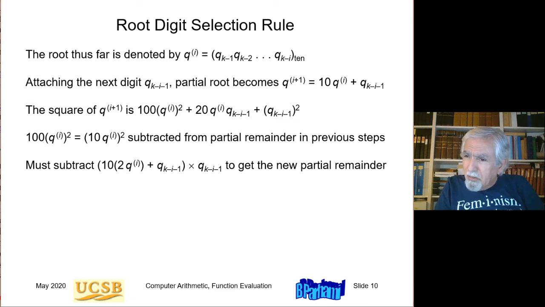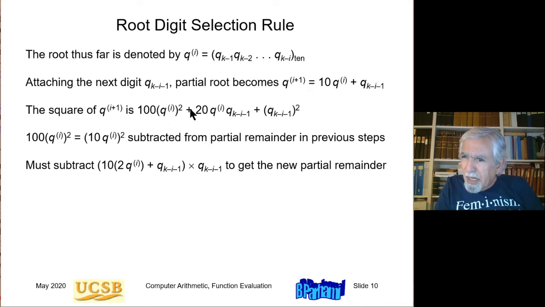Okay, so in this algorithm, I always aim to subtract the square of the partial root from the initial value, the radicand. So after the next step, I need to subtract from the radicand the square of this number. What is the square of this number? So square this 2-term expression.